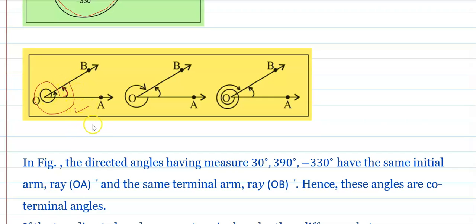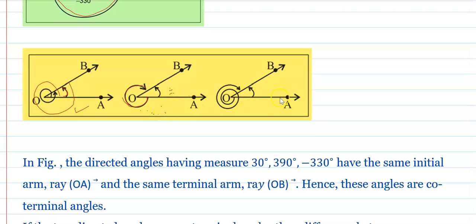These are called co-terminal angles. Again angle AOB: now in this case, the other rotation we are taking in a clockwise sense. It starts from the same initial ray and ends on the same terminal ray. These are also co-terminal angles.